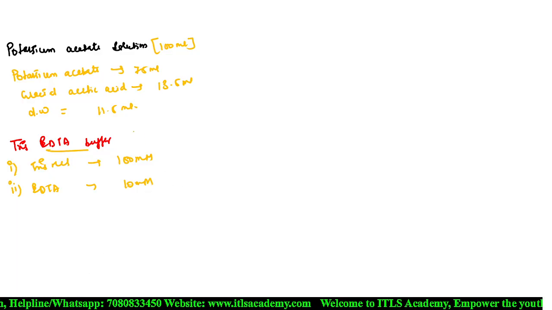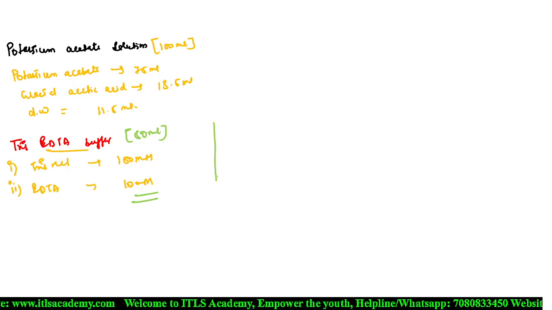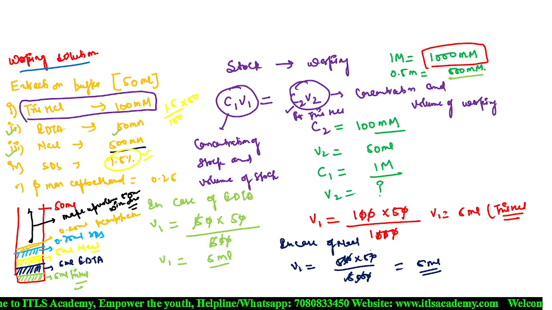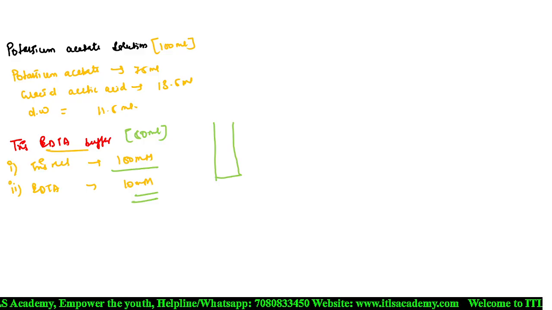The concentration of this Tris-HCl for 100 millimolar is already calculated. That is your 5 ml. So put it here, 5 ml.